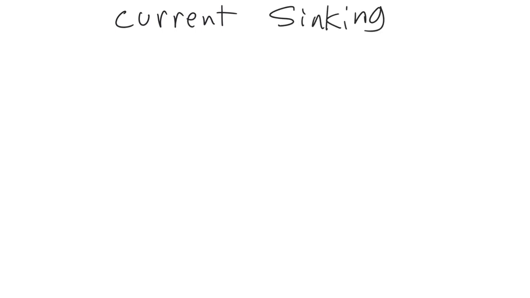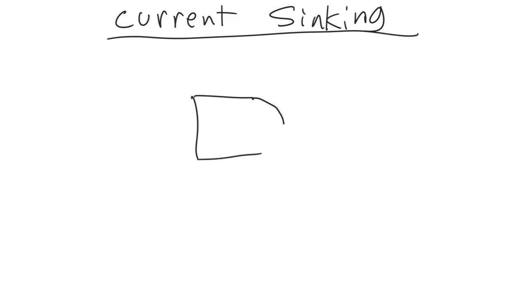But current sinking's like, depending on the gate. Now, it doesn't matter which type of gate it is, because the terms are all the same, and within the same logic family, the specifications are all the same. So I'm just using an AND gate as an example.